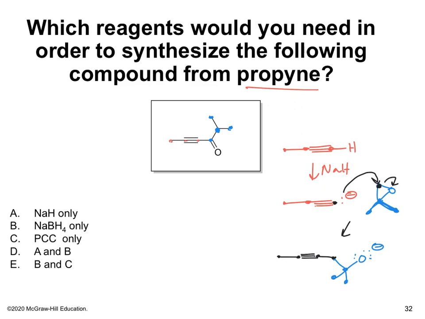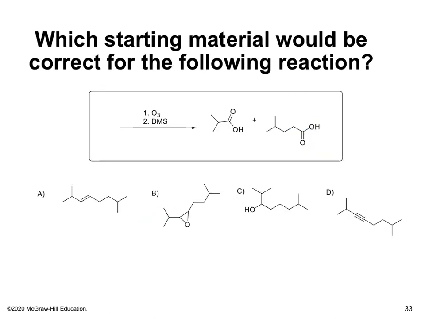Does that work? Actually, that doesn't open up the right way. So that's not going to work. Well, I don't think this is a great question here. I think the goal is to get an alcohol and then oxidize that, but I think we have too many carbons. So let's just skip this one.